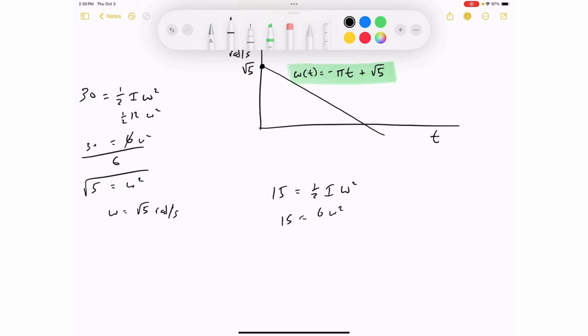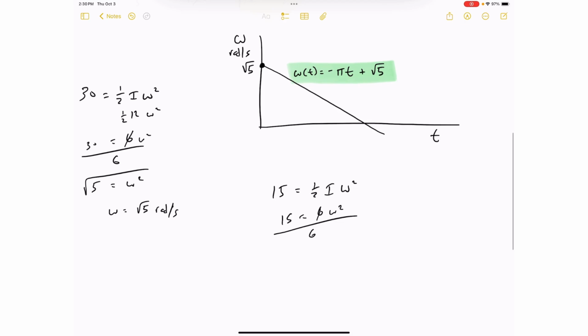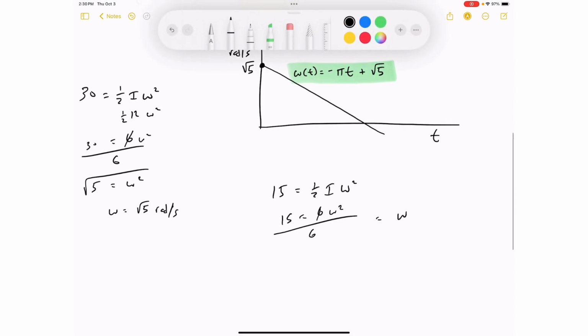15 equals 6 omega squared. Get rid of this, and so we have omega is equal to the square root of 15 divided by 6. So this is its speed, which is roughly, if you're wondering what that is, about 1.5 if you want a number.